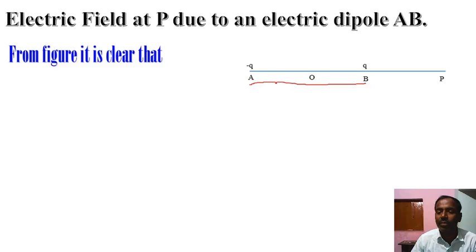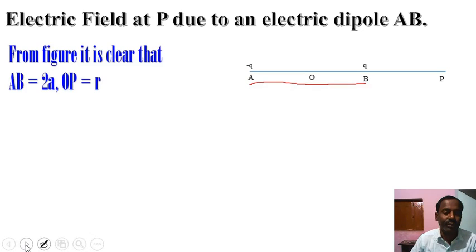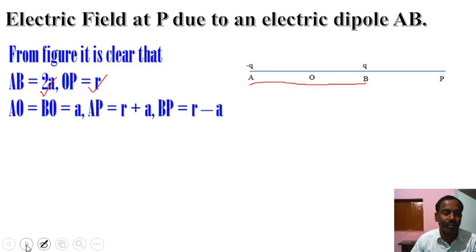Therefore, AP equal to AO plus OP equal to r plus a, and BP equal to OP minus OB equal to r minus a. So AB equal to 2a, OP equal to r, AO equal to BO equal to a, AP equal to r plus a, and BP equal to r minus a.